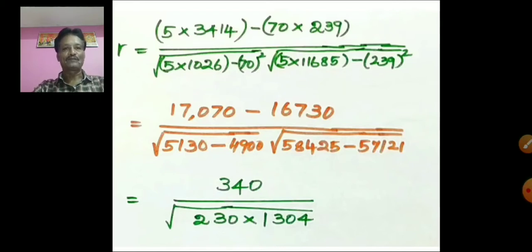57,121. Okay, so in the numerator we are having 17,070 minus 16,730, and in the denominator we are having under root 5,130 minus 4,900 into 58,425 minus 57,121. Now you take the difference between the numerator values.